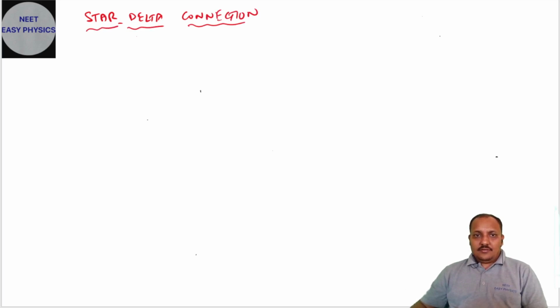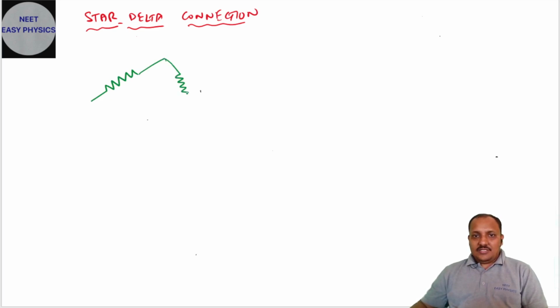In this class, we will discuss star delta connection. How it is going to be connected, how it is going to be changed. We discussed in the previous class when a bridge is said to be balanced.